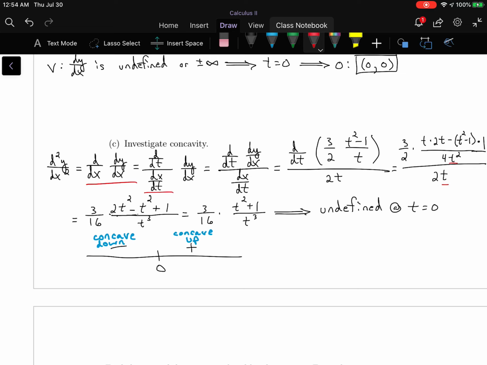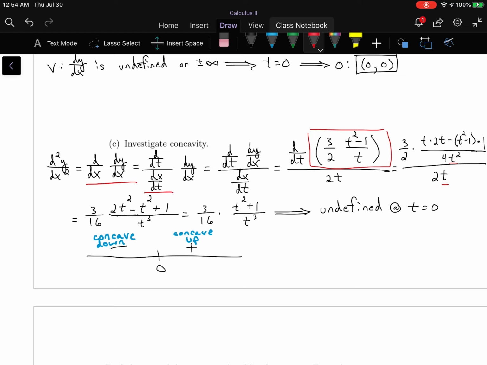And we have that dy/dx we already had found is 3/2 times (t squared minus 1) over t. We had factored t squared minus 1 into (t minus 1)(t plus 1), but it's fine to put it into this form here. And dx/dt, where x equals t squared, is just 2t, so that's on the bottom.